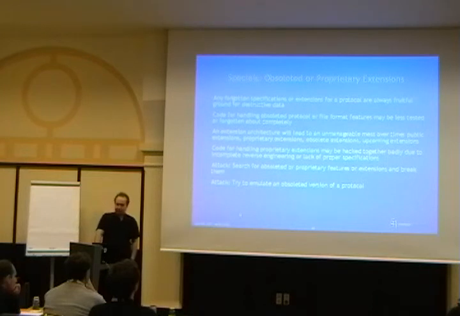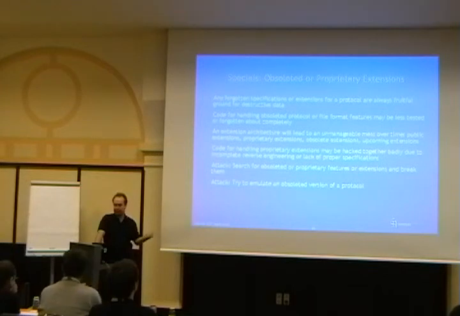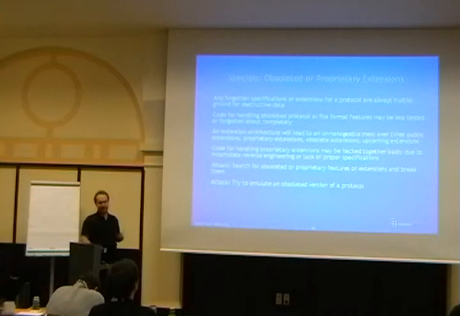Then another special attack case is the use of obsoleted or proprietary extensions. So there might be some specifications that have been forgotten about already. Some old internet drafts, for instance, from IETF, that have been discarded, that have expired and nobody really implements anymore. But there might still be code for handling these kinds of obsoleted features.